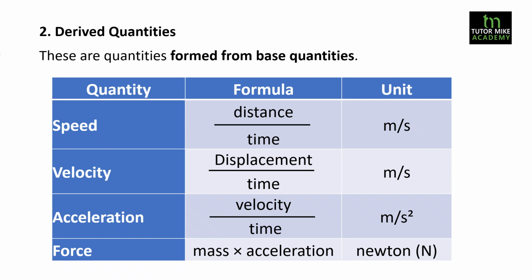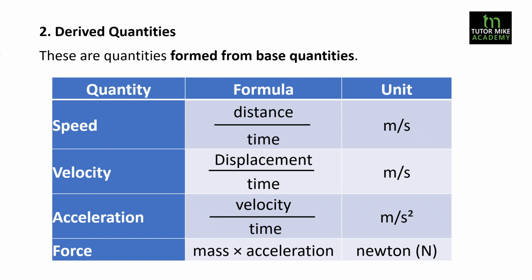We use the units also to get what we call derived units. And we have force, which is mass times acceleration, and it is measured in Newton. So these are the derived quantities.